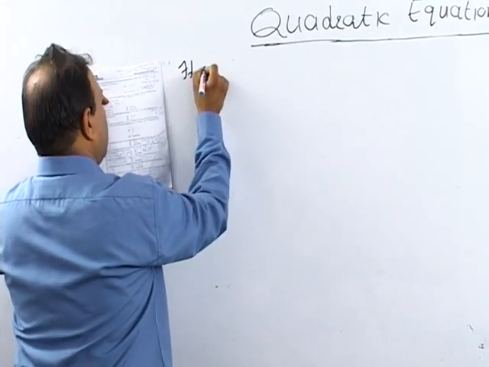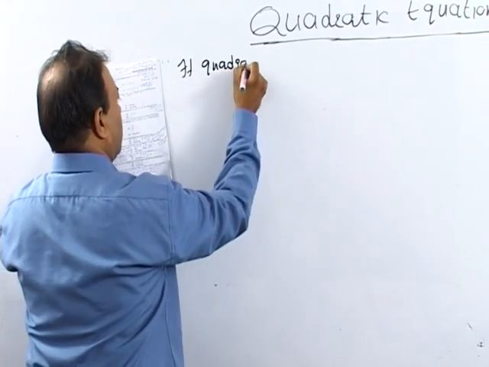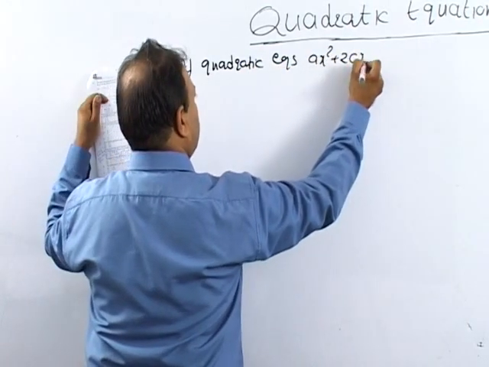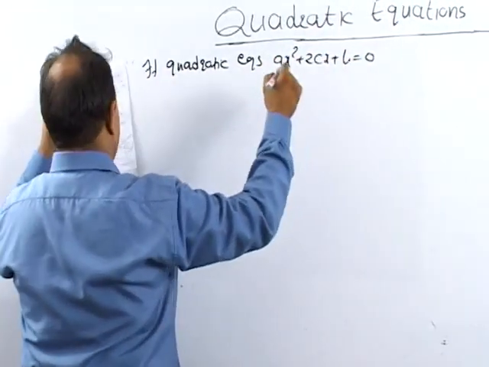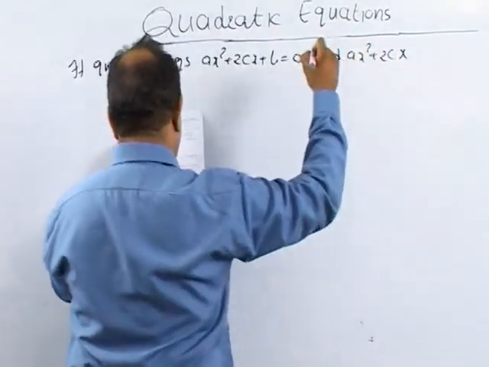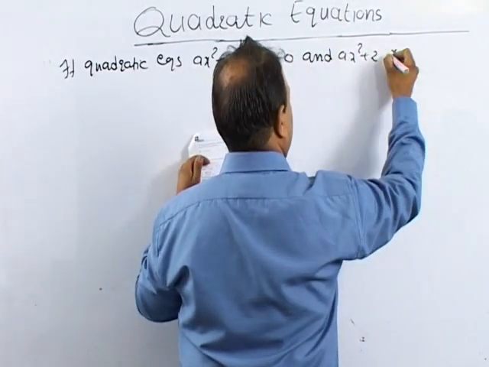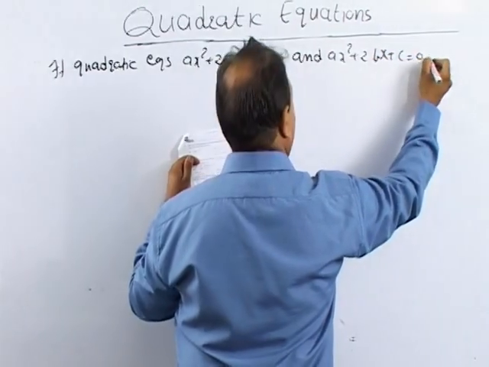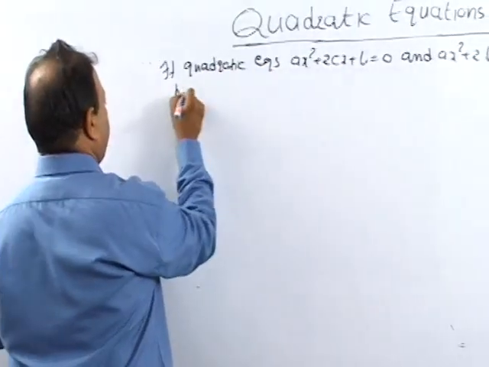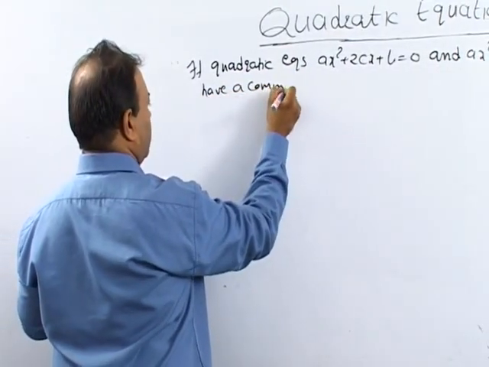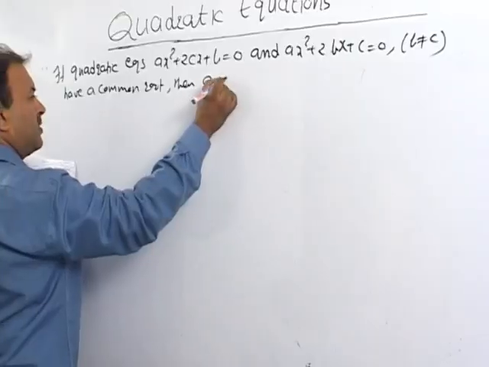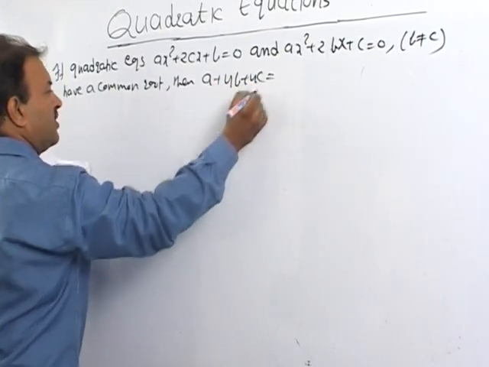if quadratic equations ax square plus 2cx plus b is equal to 0 and ax square plus 2bx plus c is equal to 0, and b not equal to c, have a common root, then a plus 4b plus 4c is equal to what?